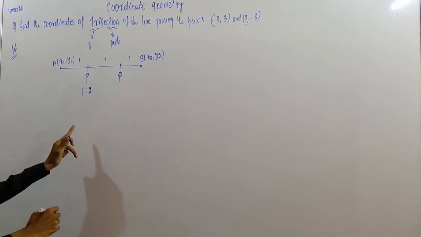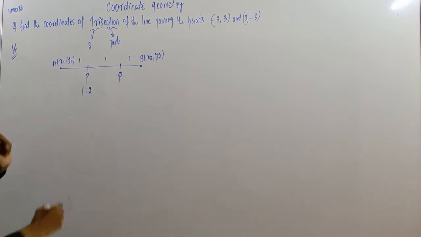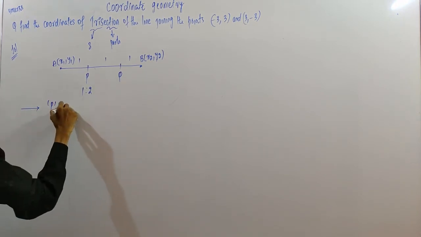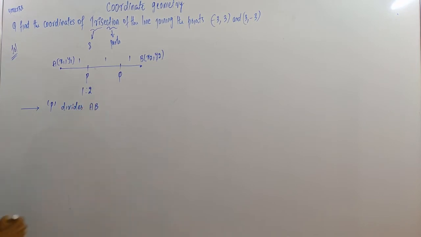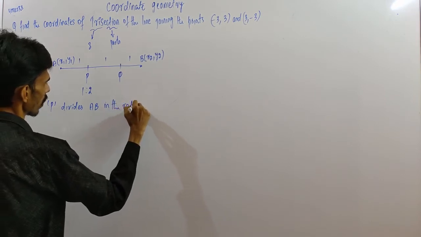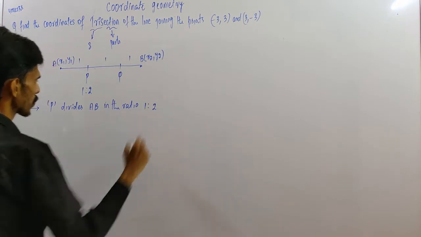Here P divides AB. Let me write down: P divides line segment AB in the ratio 1:2.